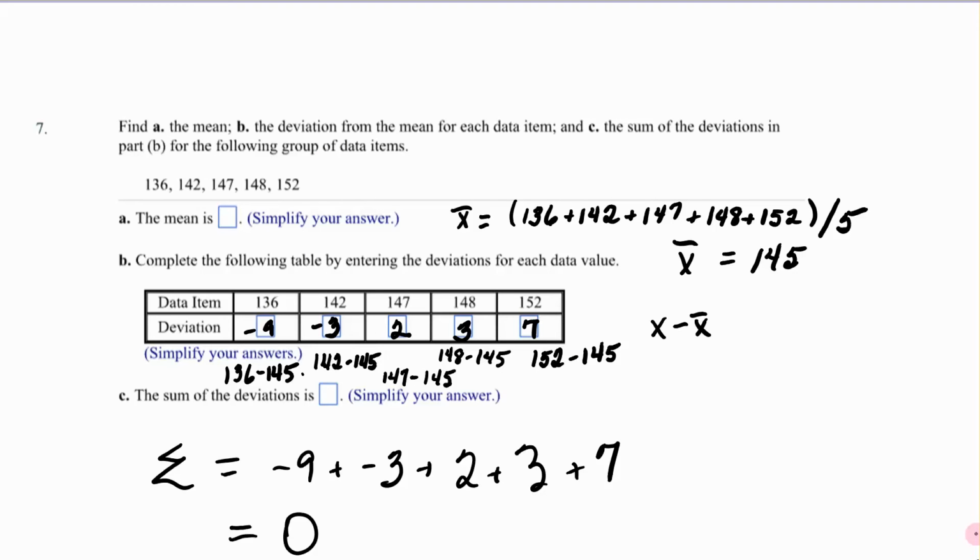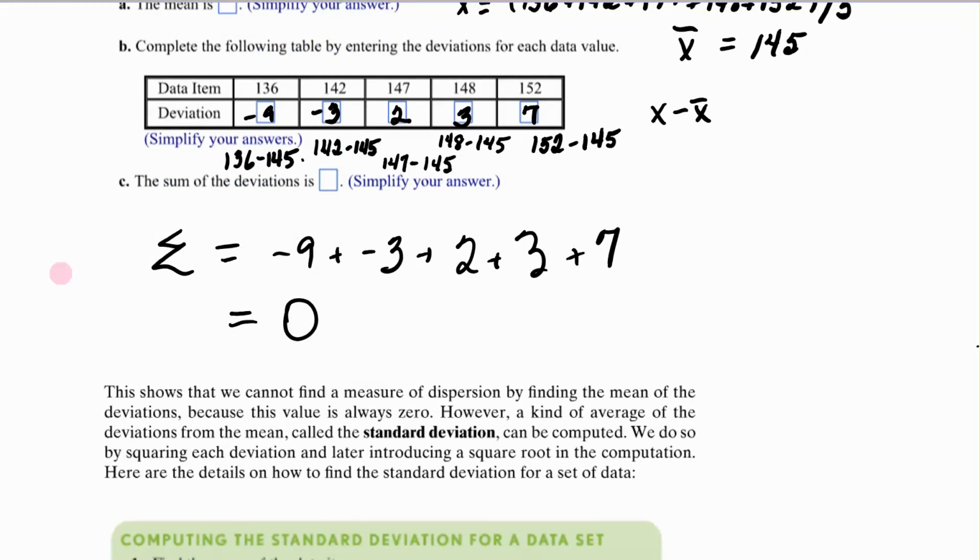All right, so several times we have found the deviation from the mean and we added them up, and if we were going to try to find the average of that, the average deviation as a means of measuring dispersion, we can't. This shows that we cannot find the measure of dispersion by finding the mean of the deviations, because this value is always 0.